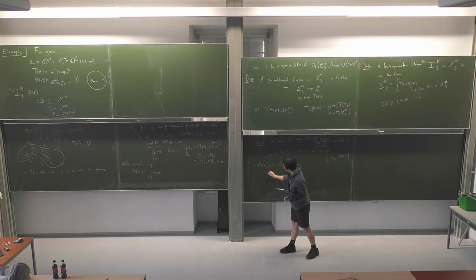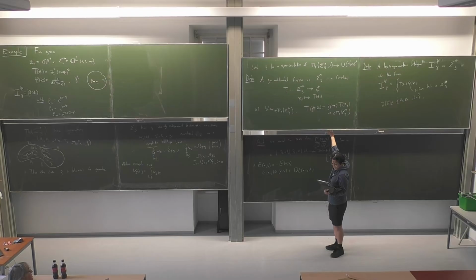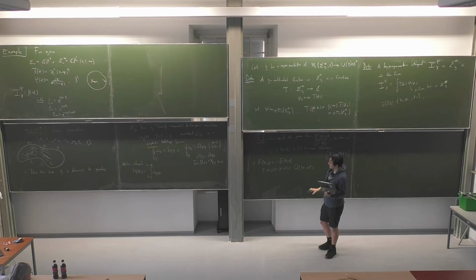It's a nice function that locally behaves like x minus y. And it's precisely an ingredient to write an Arakelov-Green's function on a Riemann surface.